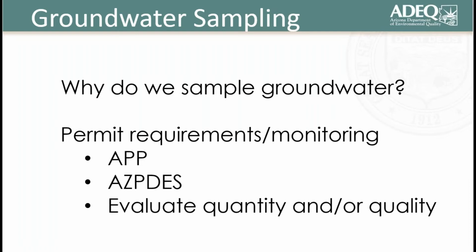And then you may also have to do groundwater sampling for AZPDES, the Arizona Pollutant Discharge Elimination System, for those permit requirements. Other times we just want to evaluate quantity and/or quality of groundwater. What is the quality of the groundwater, and do some analyses on that.